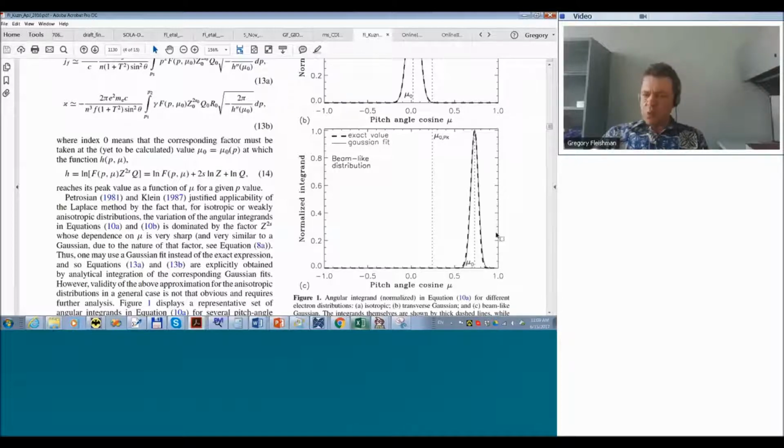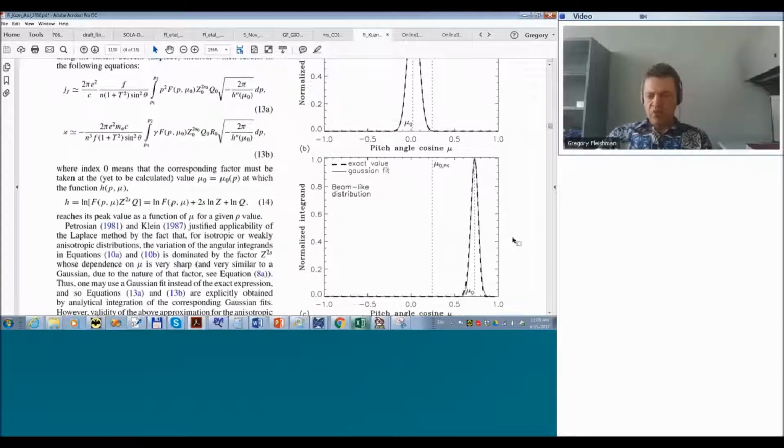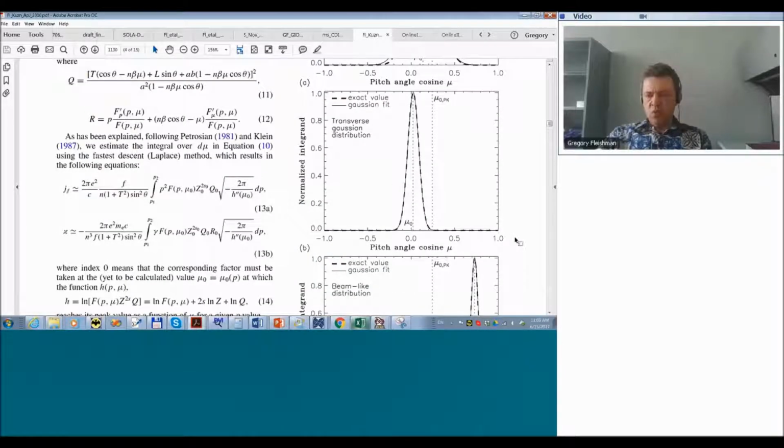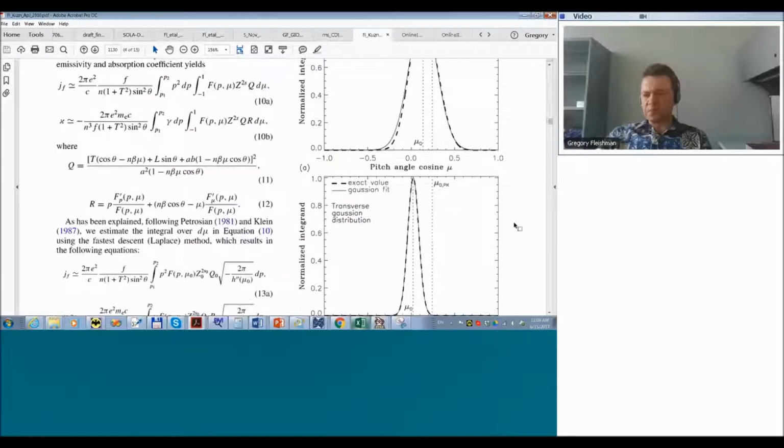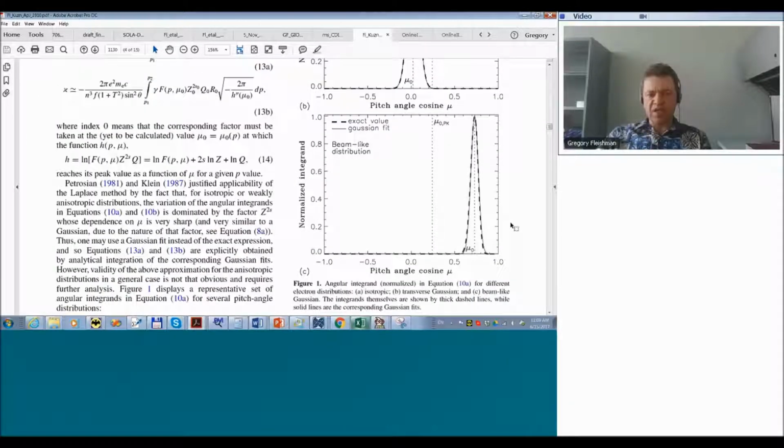So what will be one of your assignments? One of your assignments will be to make a code which would efficiently find numerically this mu naught value for an arbitrary case, isotropic or anisotropic. This paper explicitly tells you what exactly must be coded, and this is related to this H function.